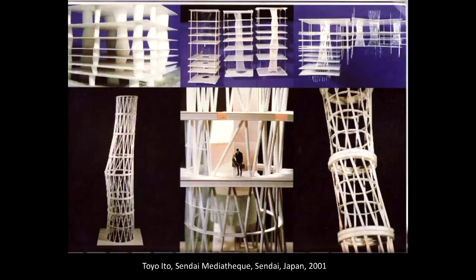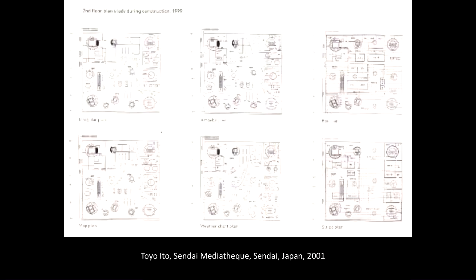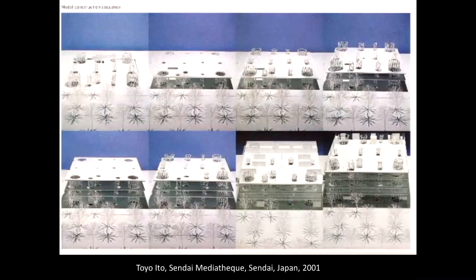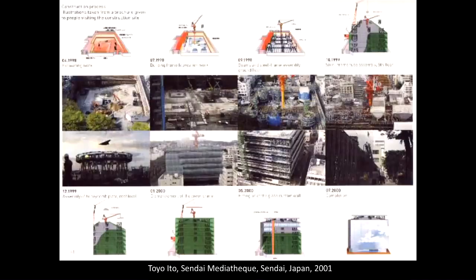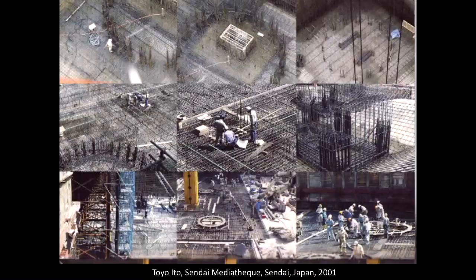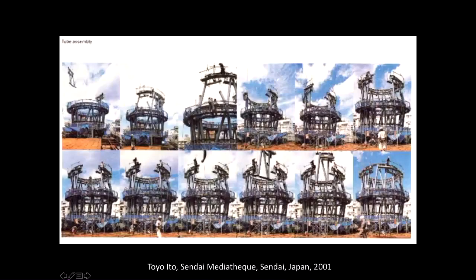Here's some modeling of that column. And again, showing you the different floor plans and construction. These are some images of how they were during the construction process. Here you can see this almost like a circular beam. Here they're pouring into the slab, but I think I have another image of the sandwiching.